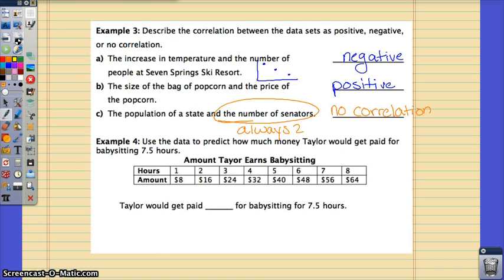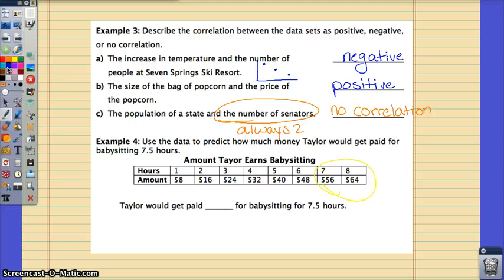Sometimes you don't even need a line of best fit. We could just look at the table. So we want to know how much she's going to be making between these 2 amounts. Well, if she's working for 7 hours and she makes $56, and she's working for 8 hours and she makes $64, 7.5 is right in the middle there. You might be thinking you're finding the median or a mean of those 2.